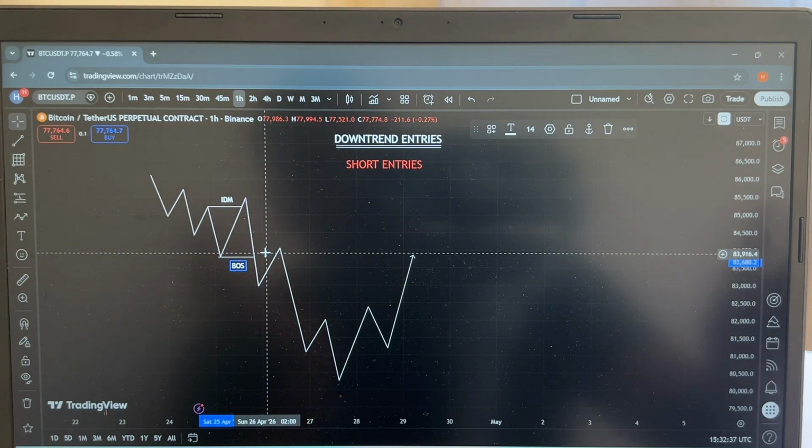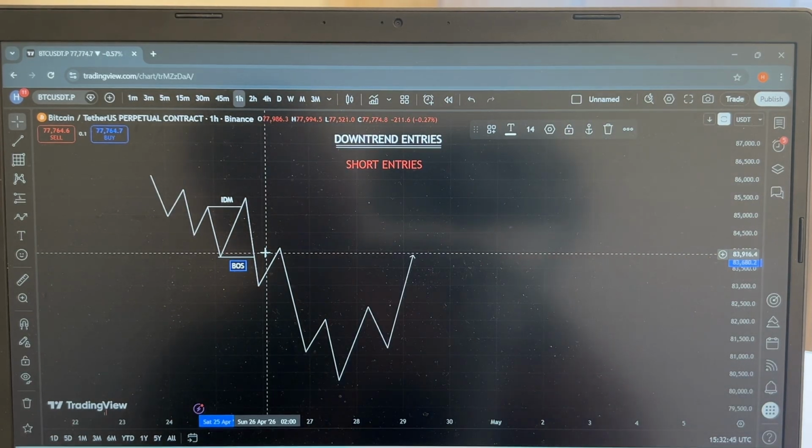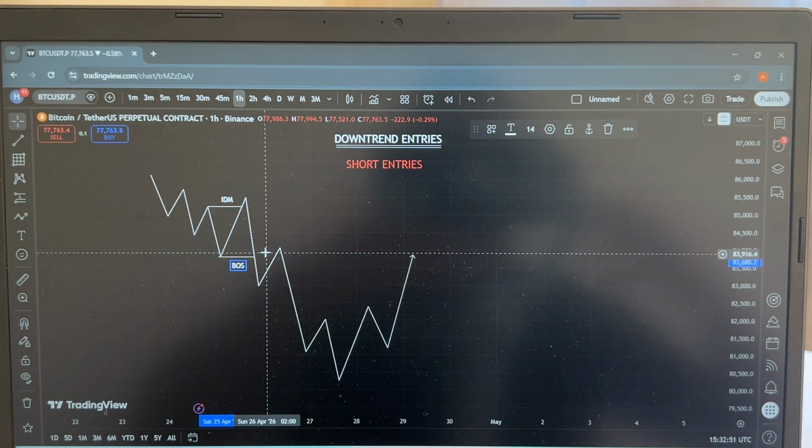But in an uptrend, when the market is making BOSs, it has to break the last confirmed BOS and keep on going down, then only we get the idea that the market has shifted from uptrend to a downtrend.